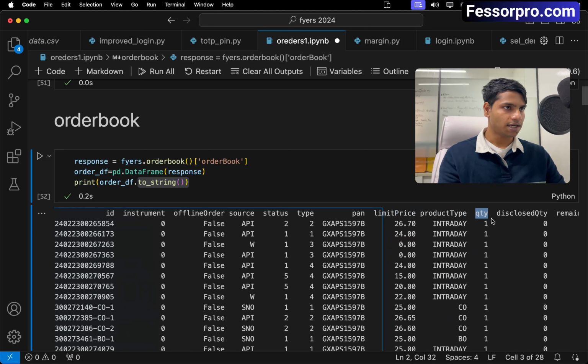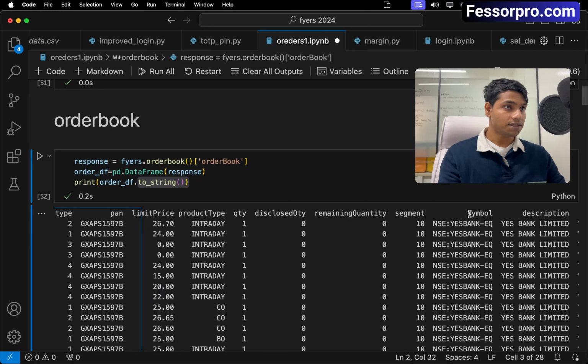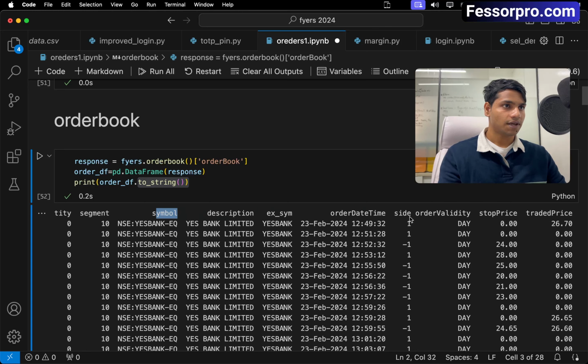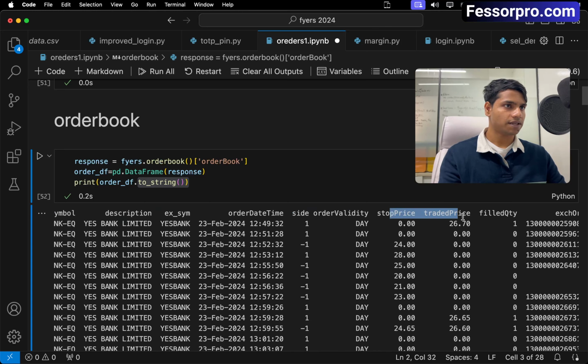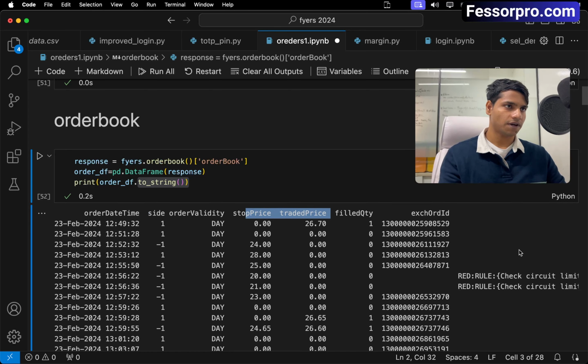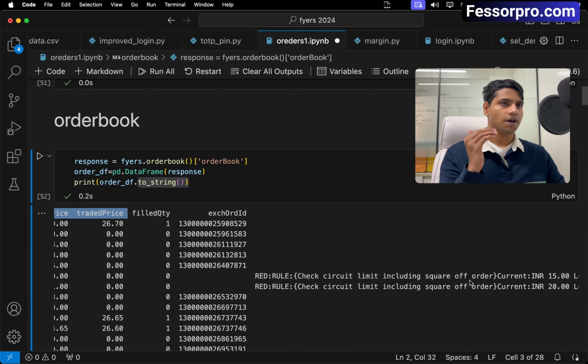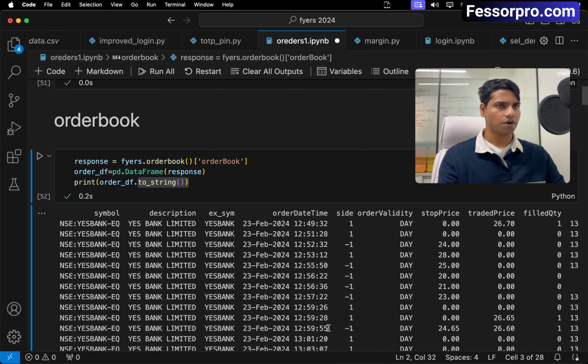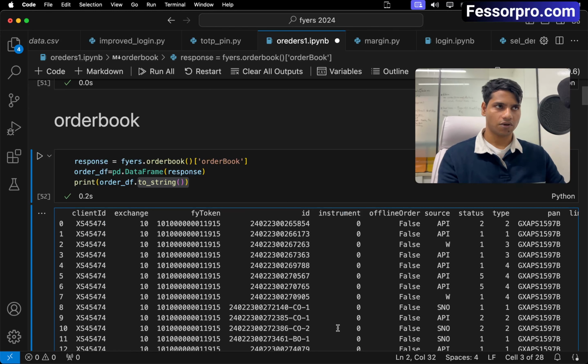Product type, quantity, then symbol is also quite important. Then side is important. Stop price and traded price are also important if the order is filled. And if your order got cancelled, you'll see the reason why it was cancelled. If you go to the right, last price also might be a little important. So these are all the important columns in your data frame.